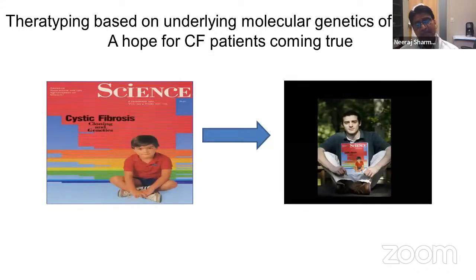So this has led to hope for individuals with CF. On the left is Danny Bessette in 1989 when he was 4 years old. About 3 decades later, he is holding the journal Science that had the 3 papers on identification of the CF gene, and he is leading a healthy life because of the modulators that have come up.